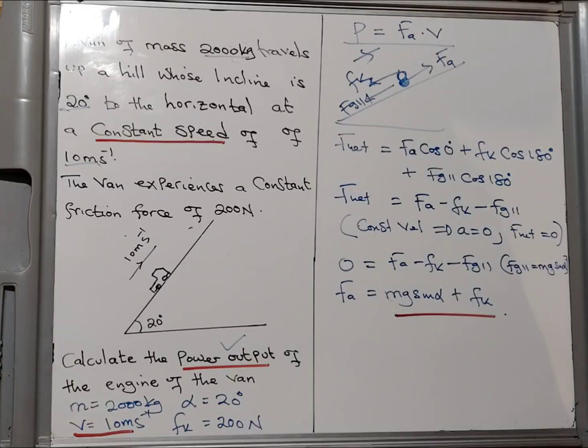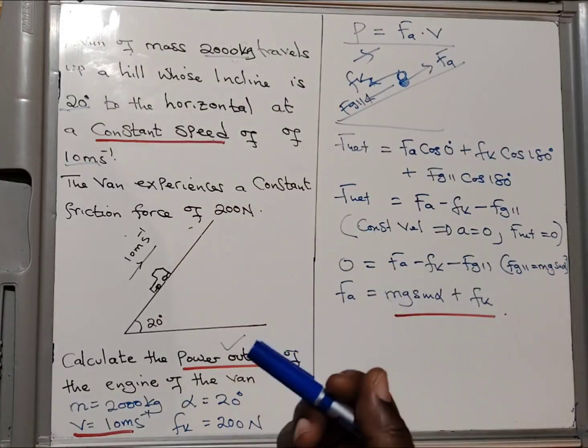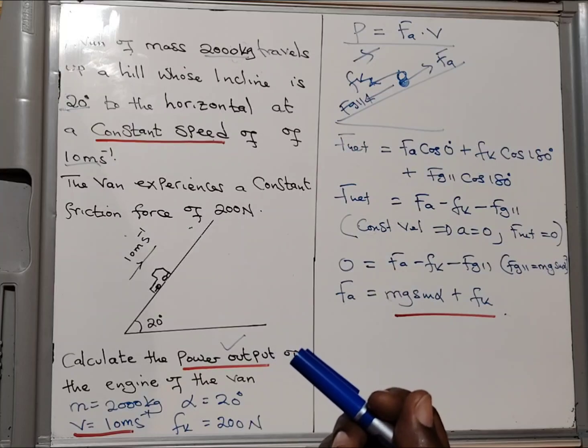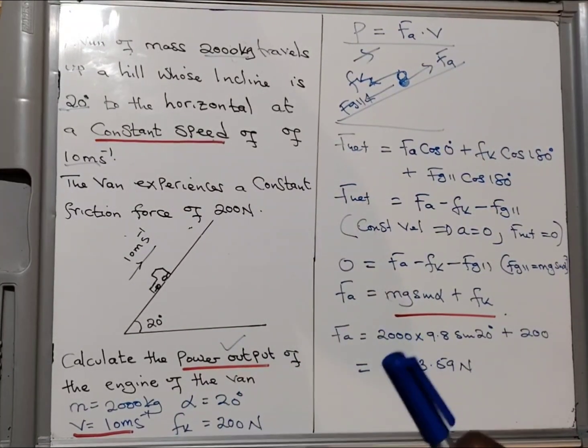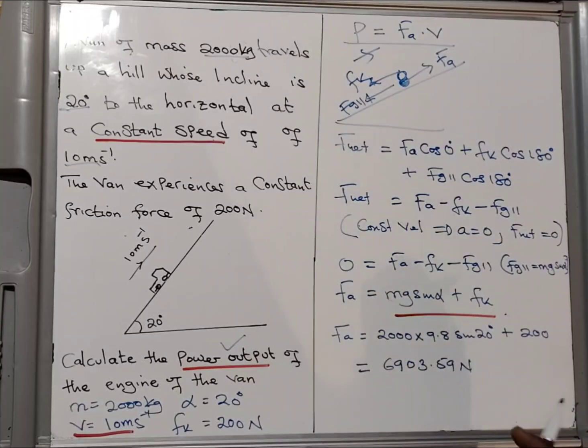So you substitute and get Fa, then you use it in the formula. Let's substitute and see what we get. So this is what we get after substitution. And what does it represent? This one represents our applied force.